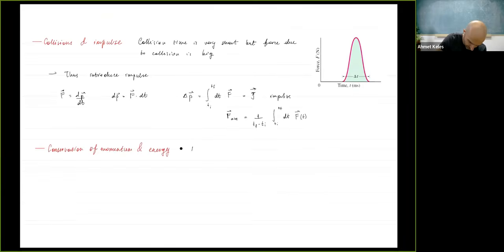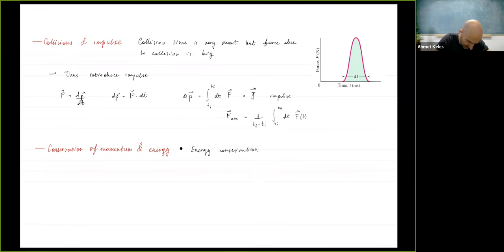Energy conservation. And of course, here we are only talking about kinetic energy. If you have a potential, it can be a little bit more involved, but it's exactly the same logic.